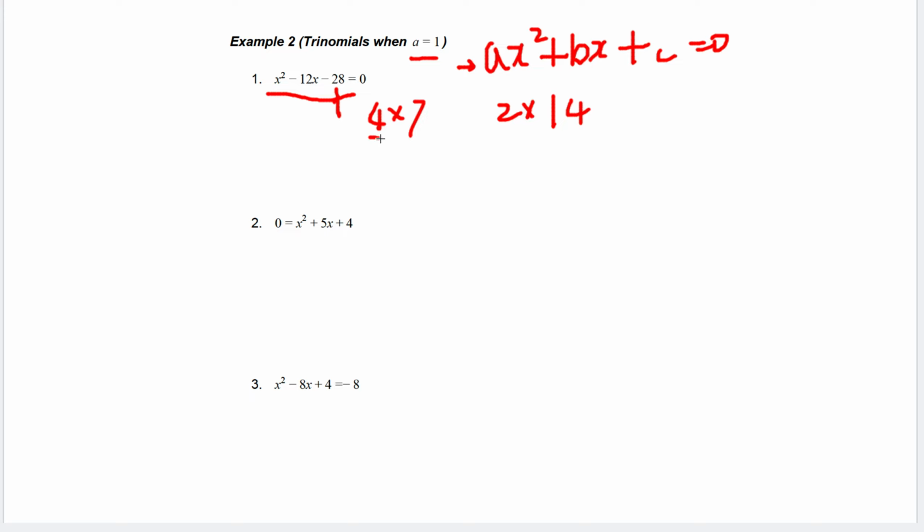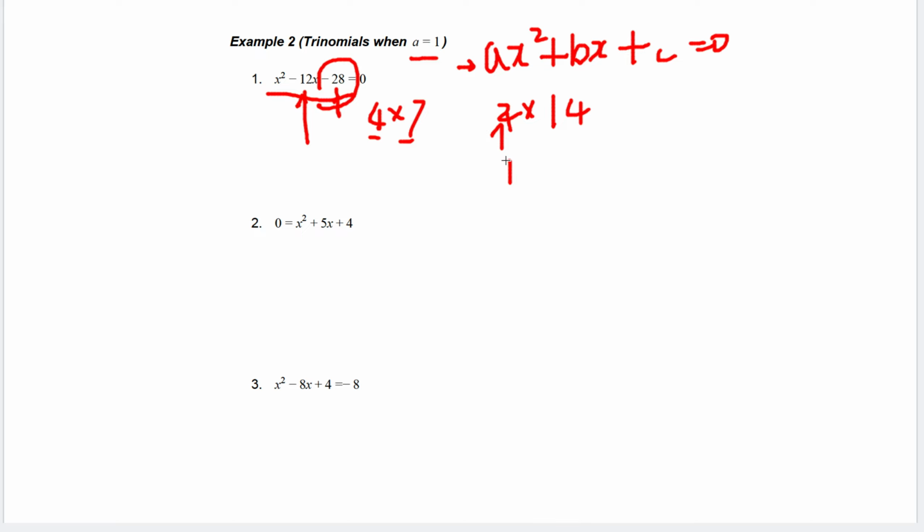Which one can we combine to get our 12? It looks like 4 and 7 is not good. Maybe 2 and 14, because we have negative 28, so one should be negative and the other positive.